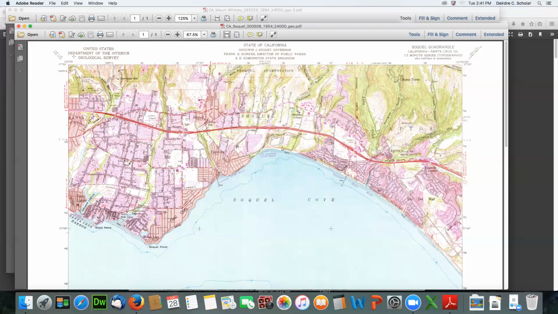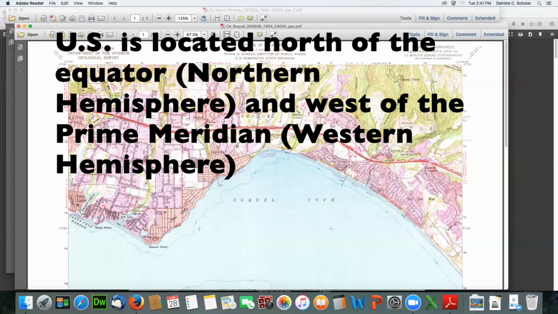The other thing is, why doesn't the USGS put north or west next to its latitude and longitudes? And the simple reason is that the USGS produces maps of the United States. It doesn't produce maps of other parts of the world. So we know that all of the United States is within the Northern Hemisphere.